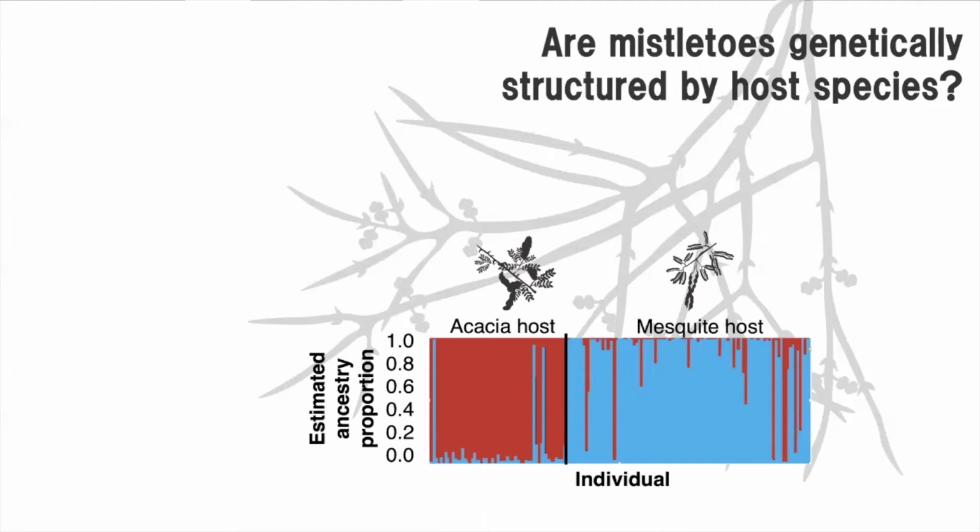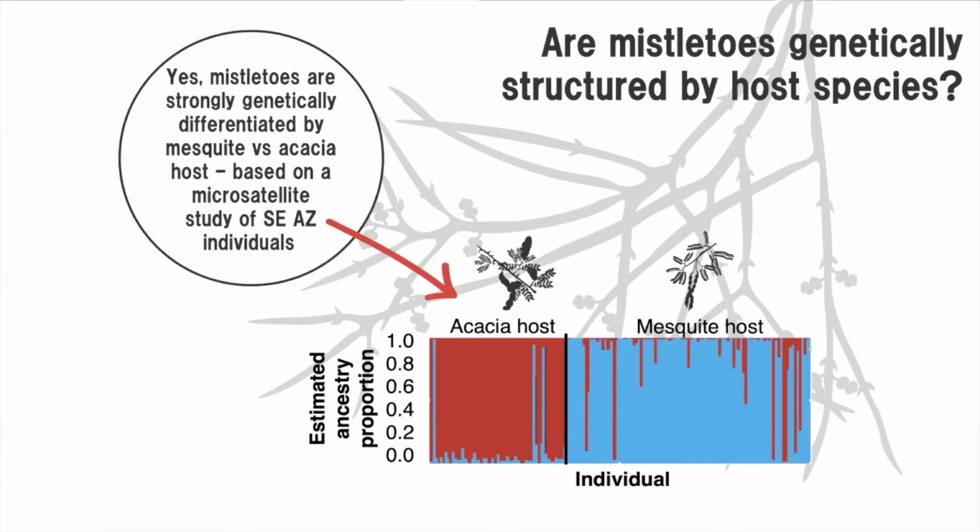The colors of those vertical bars represent the estimated ancestry proportion from each of two identified genetic clusters. And I have this black bar here denoting whether individuals came from a cat claw acacia host or a velvet mesquite host.